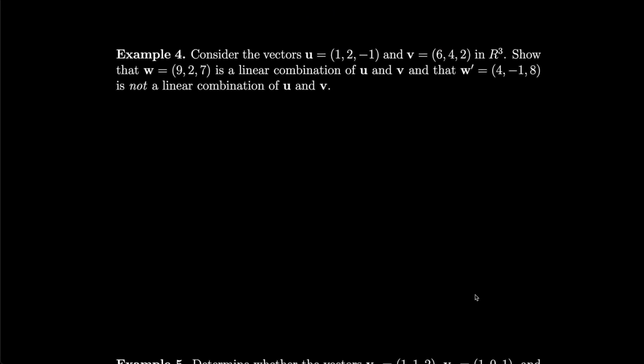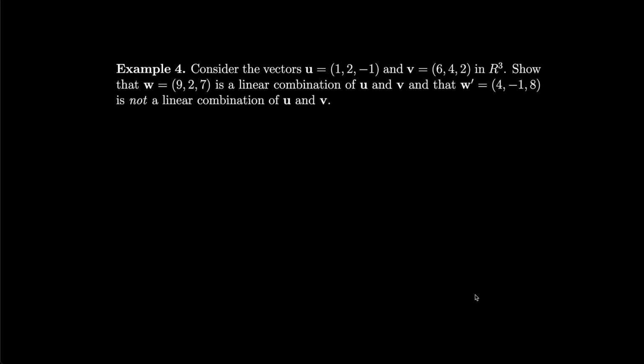How about we consider the vectors U = (1, 2, -1) and V = (6, 4, 2) in R3. Let's show that W = (9, 2, 7) is a linear combination of U and V, and that W prime = (4, -1, 8) is not a linear combination of U and V. So how about we start with W. We'll set that equal to K1 U plus K2 V. We need to just figure out what K1 and K2 are.